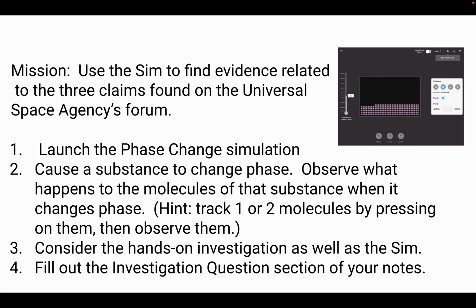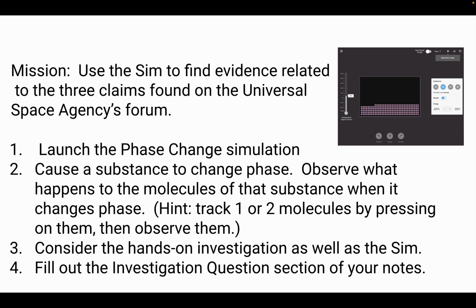So your job is, I want you to complete this mission. You're going to use the sim to find evidence related to the 3 claims found on the Universal Space Agency's forum. So go ahead and launch the phase change simulation. You're going to cause a substance to change phase. Observe what happens to the molecules of that substance when it changes phase.